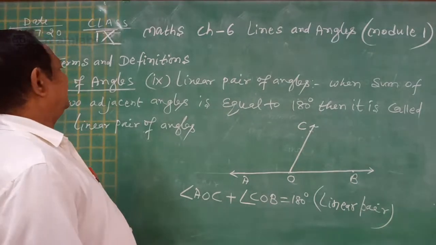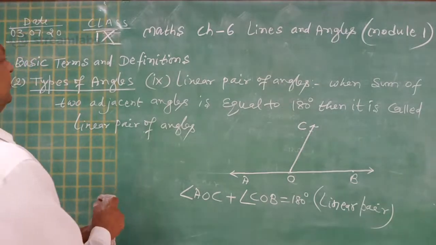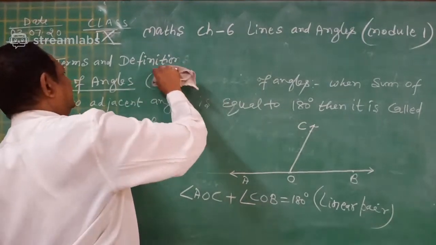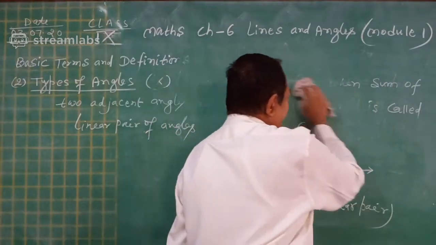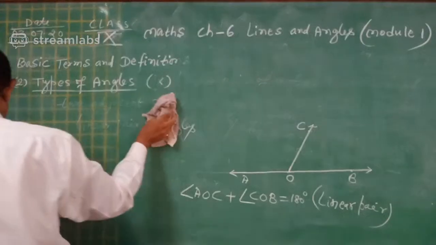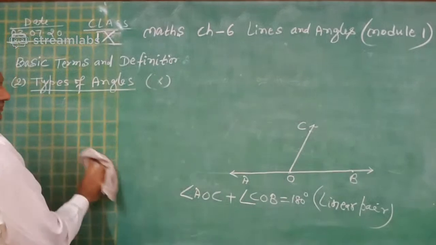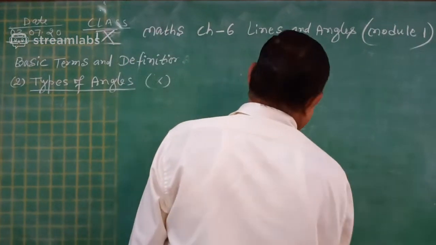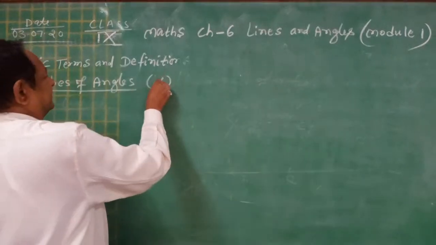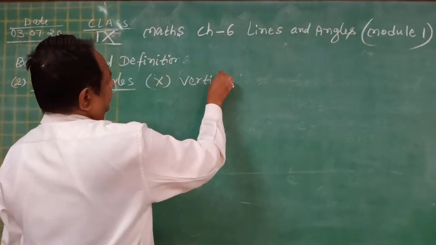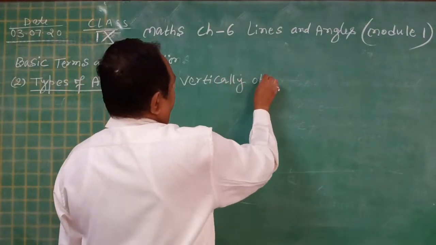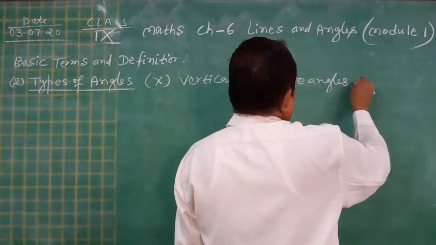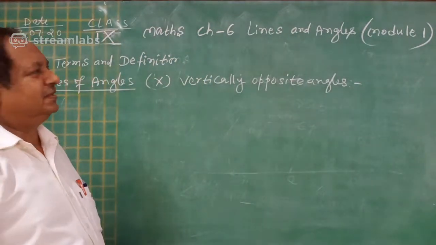Now let us see vertically opposite angles, last point number 10. Vertically opposite angles are equal.